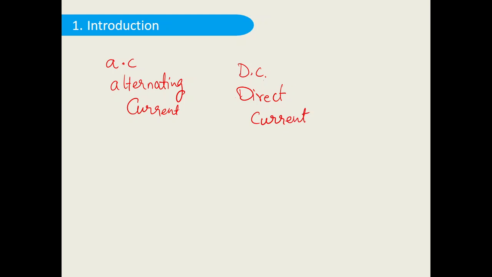Alternating current is very simple, very convenient and very cheap to produce. That's why we produce alternating current. Also, the production cost is reduced if we generate alternating current instead of direct current.